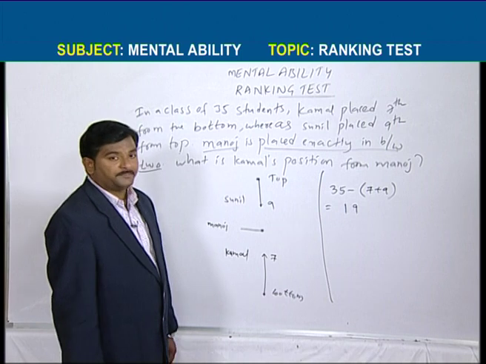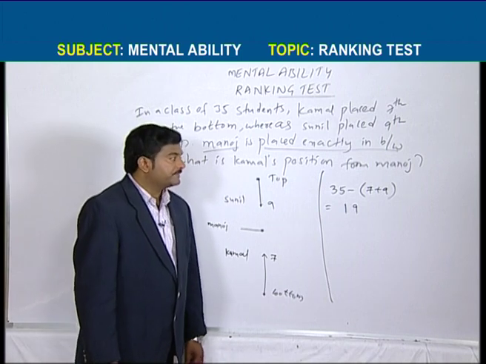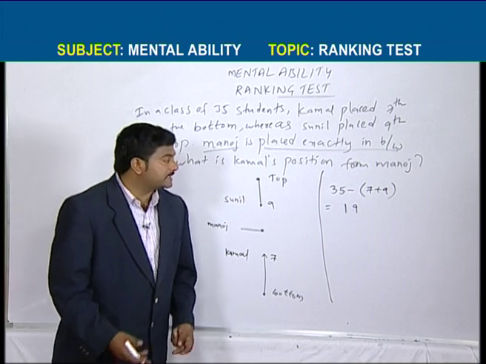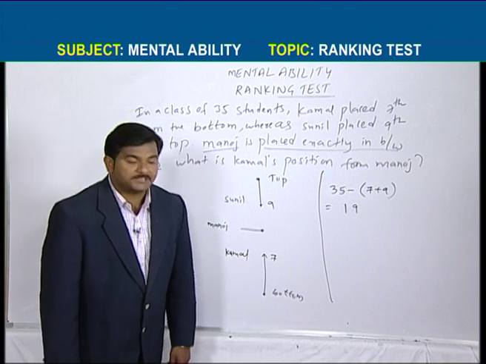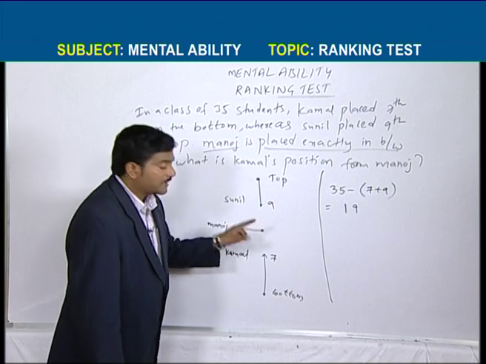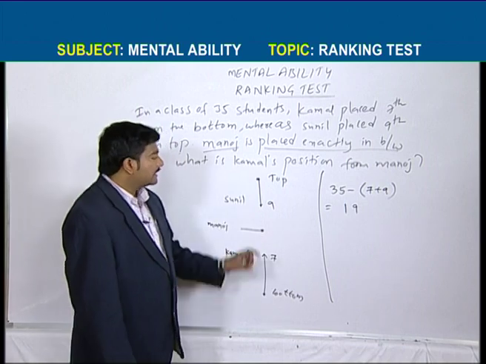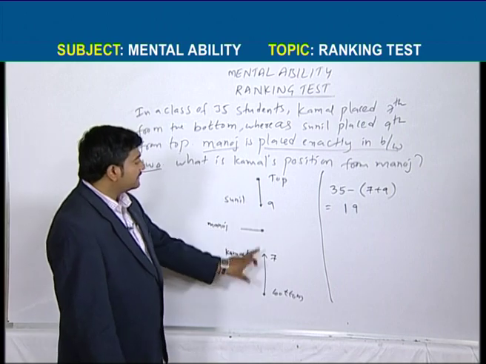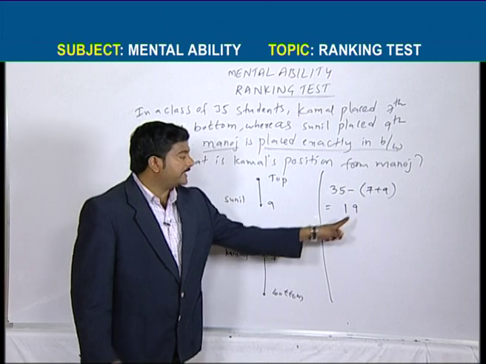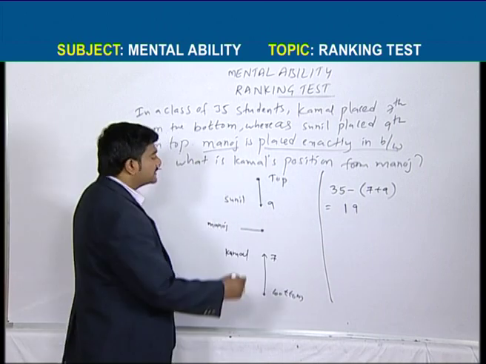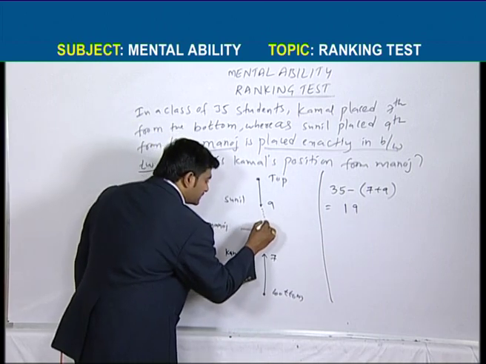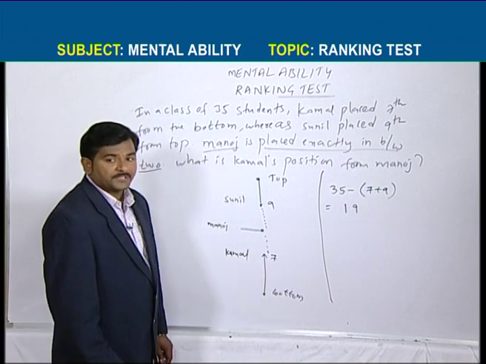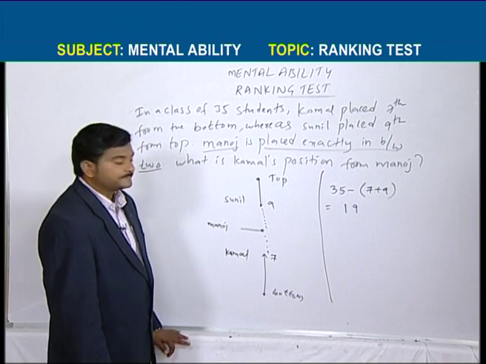Yes. 19 plus 16, again I am getting 35. What does it mean? Where are the 19 students? 19 students are located in between Sunil and Kamal. Up to Sunil 9 members are there, up to Kamal 7 members are there. 7 plus 9 is 16. What about the remaining 19 students? They are placed in between Sunil and Kamal. So it is clear.